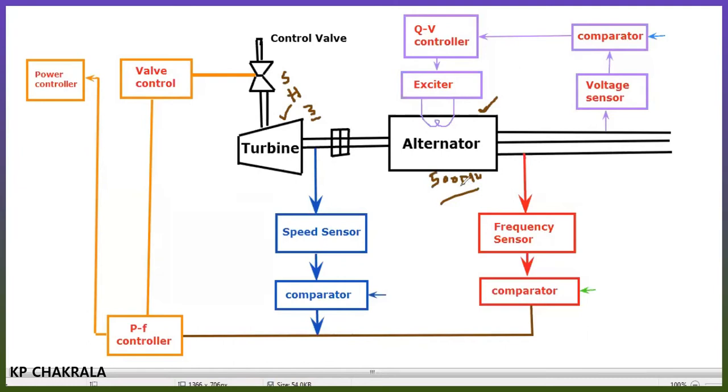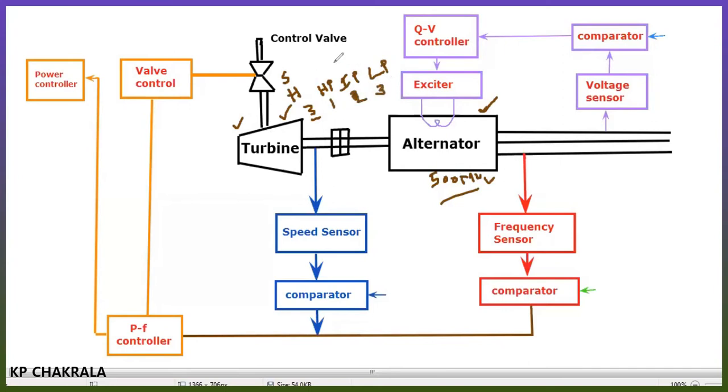If the rating of the alternator is very low, then you can go for a single turbine. But if the rating of the alternator is approximately 500 megawatt, then you have to go for three stages of turbine. These three stages are the high pressure turbine, the intermediate pressure turbine and the low pressure turbine.